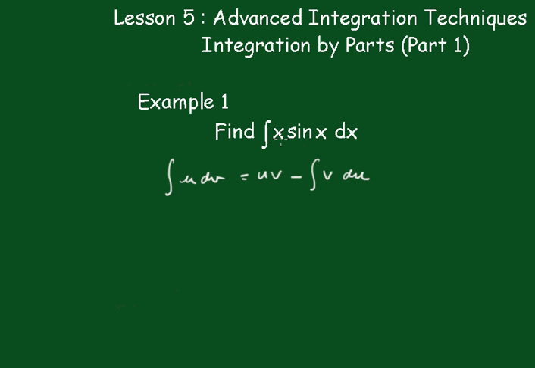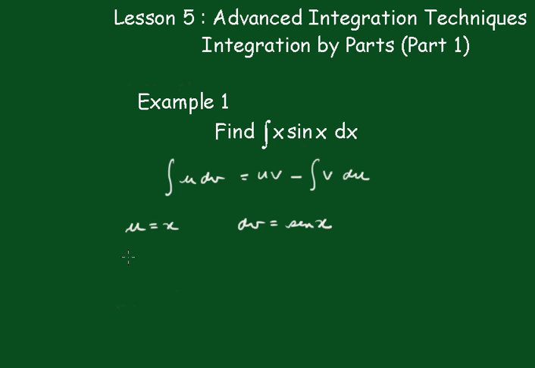If I differentiate this, I'll just get a 1. So I'm going to set this one to be u. So u will be equal to x, and dv equals sine x. If you do it the other way around, you end up getting a more complicated thing.